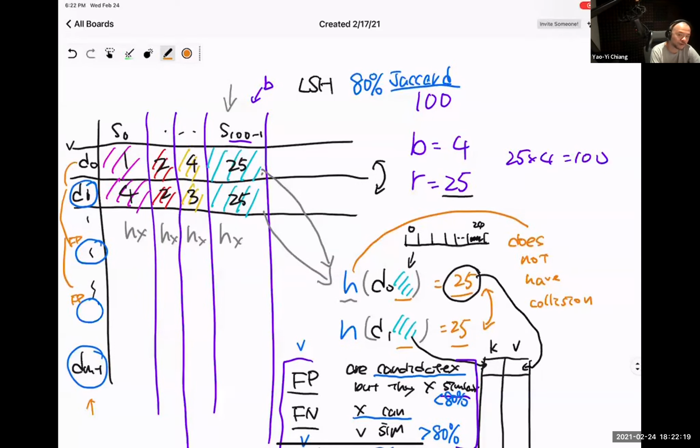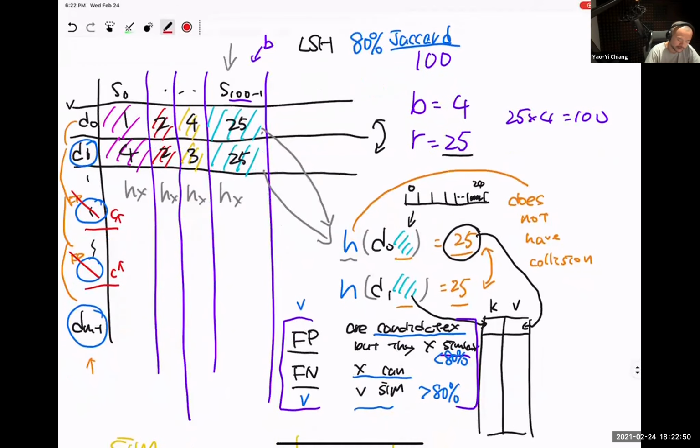And can you remove false positives? Right, so someone has the correct answer. This means you can remove false positives by verifying this, exactly like what we did in the sampling approach. But the downside is you need more computational time, right? If your false positive rate is high, you're wasting time comparing them.